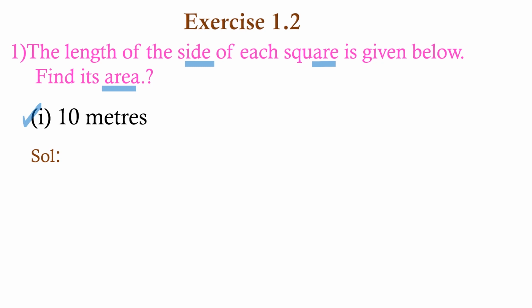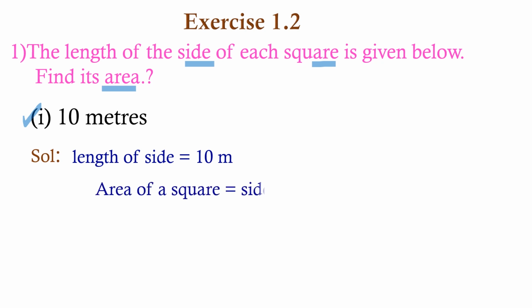To find out the area of that square, first we have to write down length of side equal to 10 meter and formula for area of square equal to side into side. Now substitute the above value in this formula. 10 meter into 10 meter. 10 tens are 100 square meter or meter square.